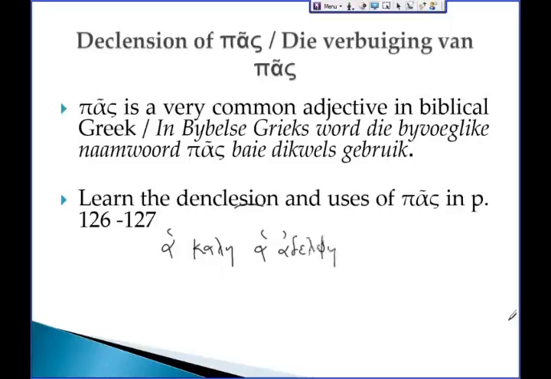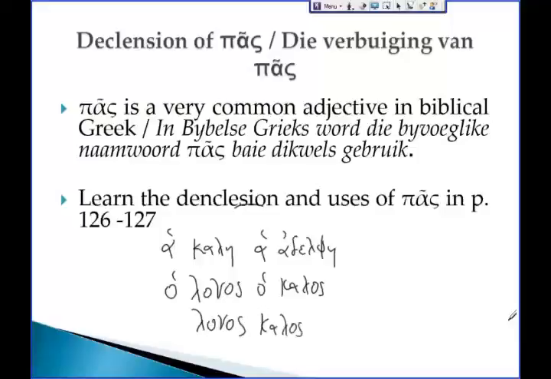I'm just using the feminine. The other one would be ho logos ho kalos. Or both of them must appear without: logos kalos. In the first instance, both of them must appear with the article.